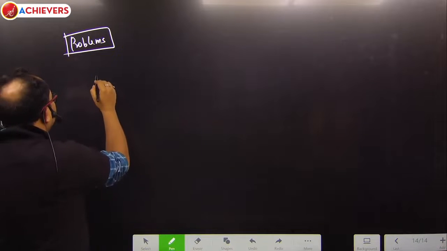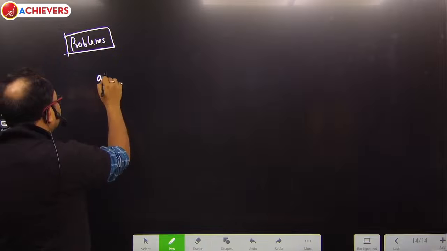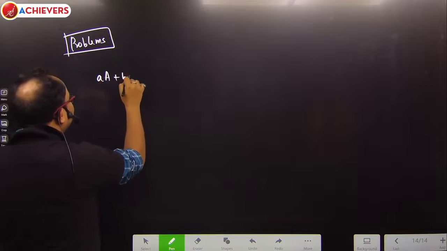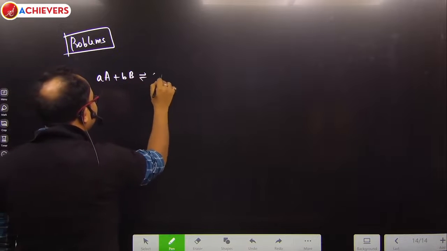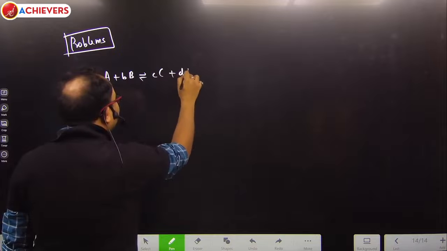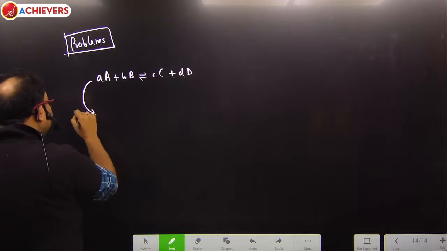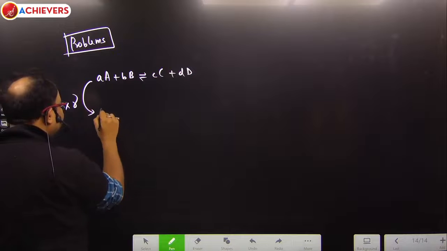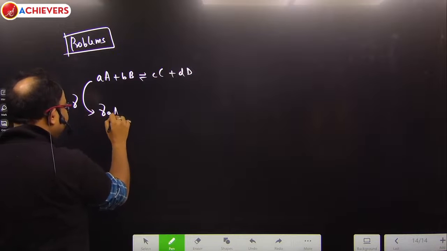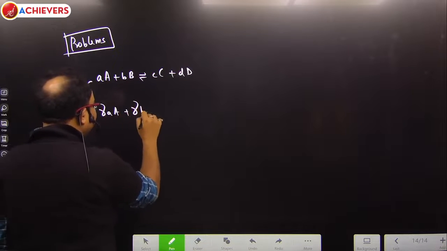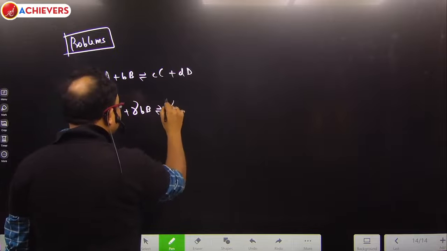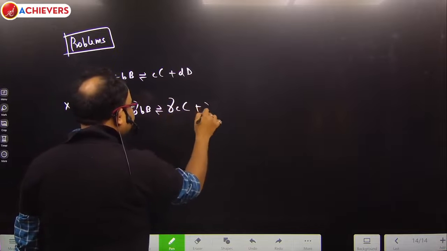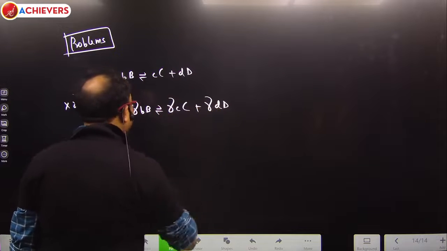So suppose this reaction in general is multiplied by a factor gamma, and it becomes gamma AA, gamma BB, gamma CC plus gamma DD.